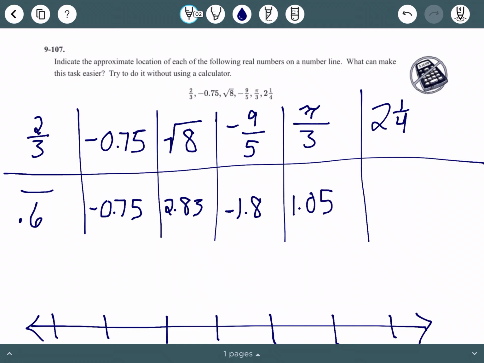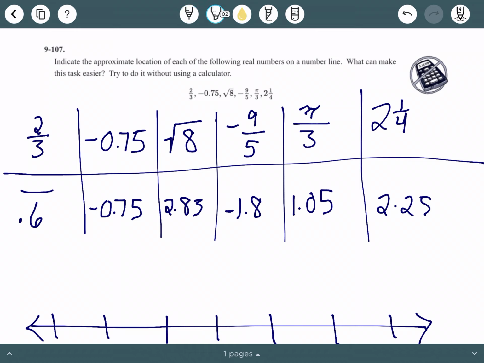And finally, 2 1/4. If we convert it to an improper fraction, that's 9/4, and 9 divided by 4 gives me 2.25. So now we have everything in decimal form, so we can start plotting on the number line.